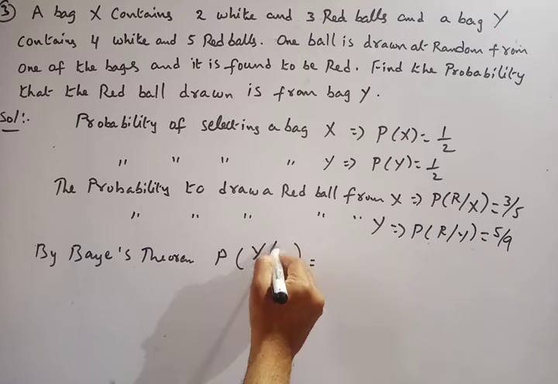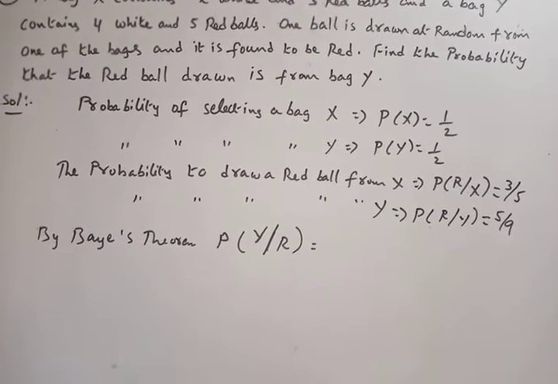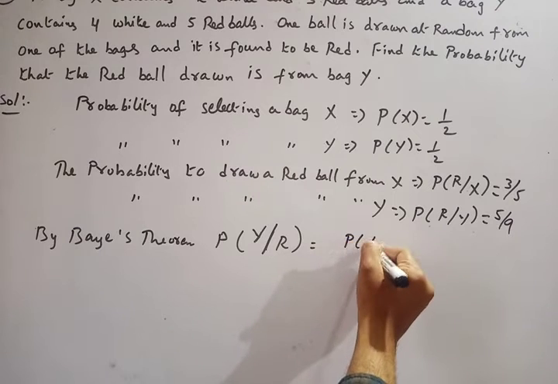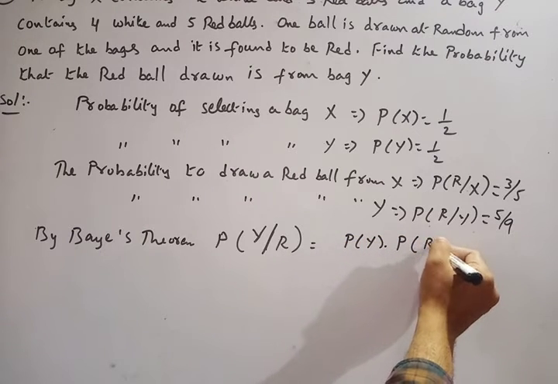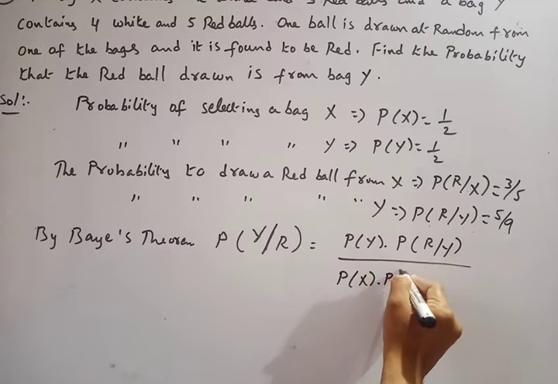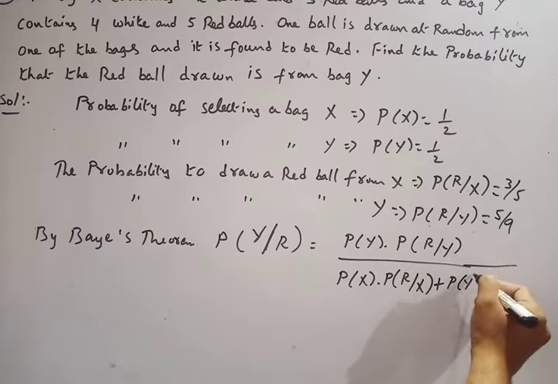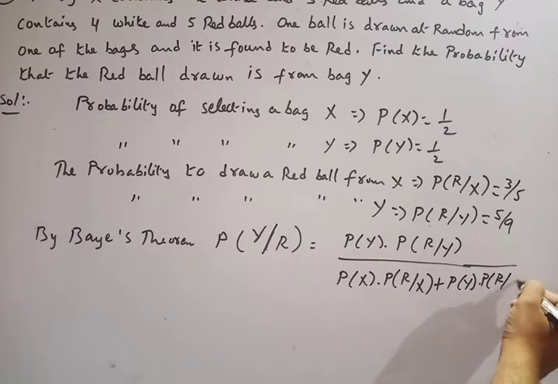P of Y by R equals P of Y into P of R by Y, whole divided by P of X into P of R by X plus P of Y into P of R by Y.